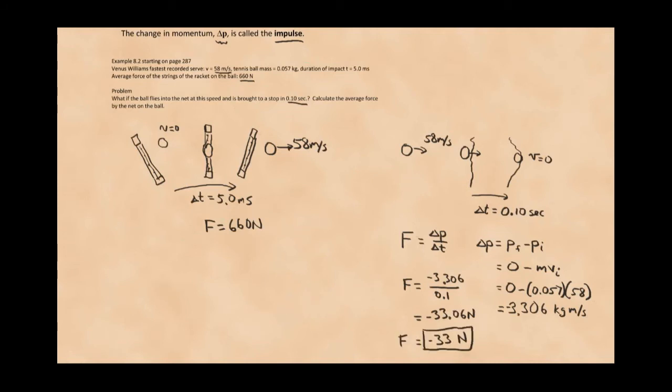The tennis net exerts an average force of 33 newtons on the ball to bring it to rest in 1/10 of a second. Compare that to the 660 newtons produced by the racket on the ball to get it up to 58 meters per second.